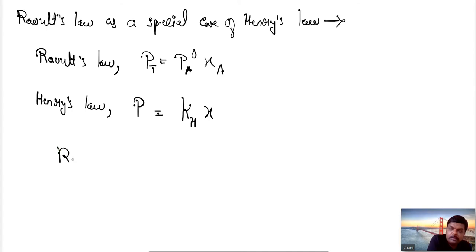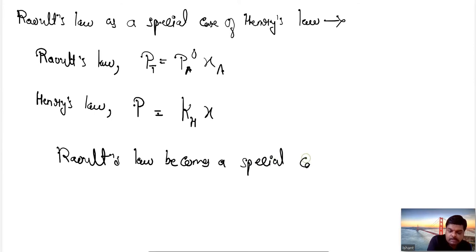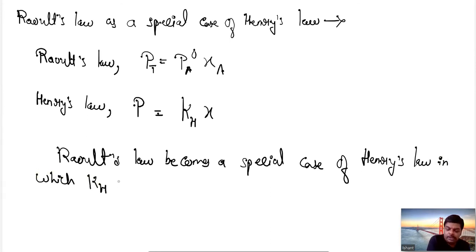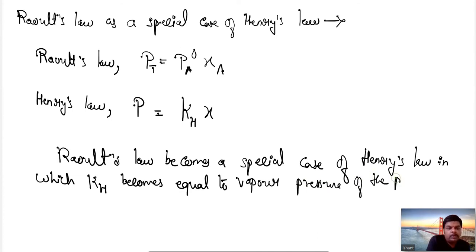Therefore, on comparing these two equations, we can say that Raoult's law becomes a special case of Henry's law, in which the Henry's law constant becomes equal to the vapor pressure of the pure component.